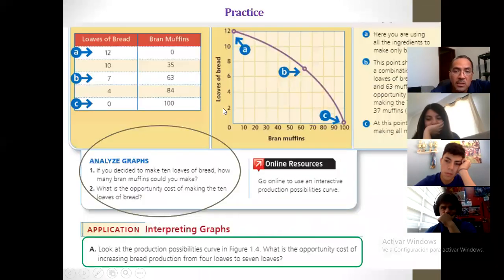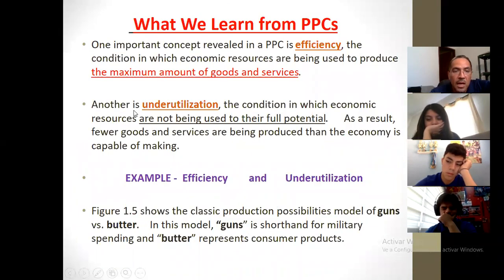Any area under this line is underutilization, or you are not being efficient in producing with all your resources. Underutilization is the combination in which economic resources are not being used to their full potential. As a result, fewer goods and services are being produced than the economy is capable of producing.